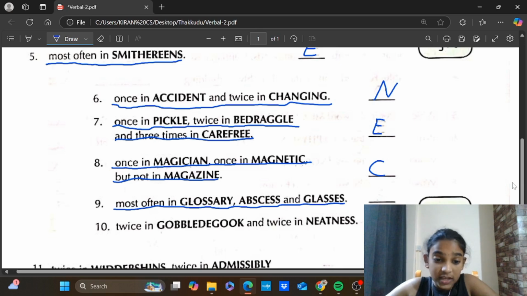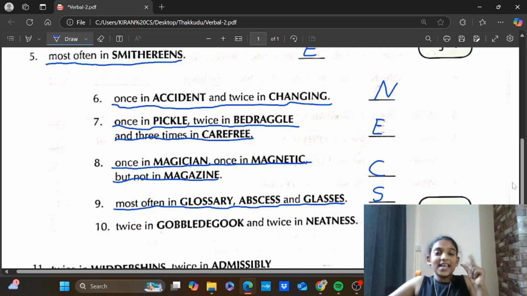Okay, so G, does it come most often here? No, it doesn't. What about L? Does it come most often? No. What about O? No, it doesn't. What about S? Yeah, 1, 2, 3, 4, 5, 6, 7. So the answer for number 9 is S.